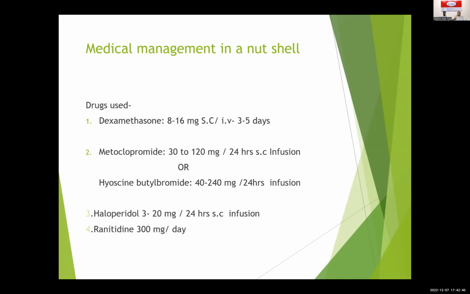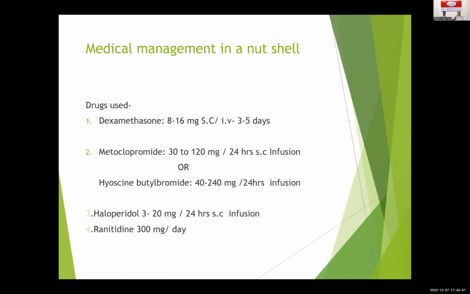All right. And the other antiemetic that you can use here is haloperidol. Definitely, there is no one drug or one antiemetic that you can use. You may need a combination of 2 or more to control the vomiting. So you can use haloperidol in addition to your metoclopramide.